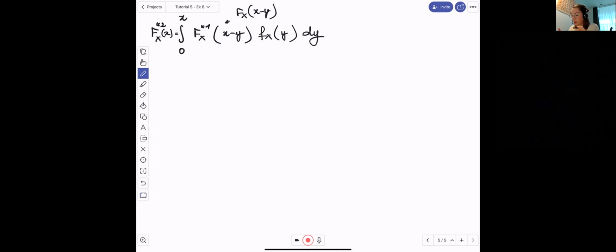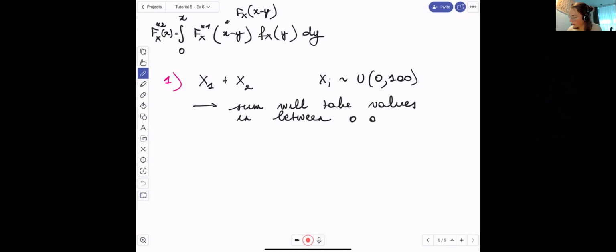If x1 takes values in between 0 and 100, and x2 takes values in between 0 and 100, then we know that this sum will take values in between 0 and 200, right? So 100 plus 100 is 200. So if you think about the twofold convolution, which is the probability that x1 plus x2 is smaller than or equal to x.